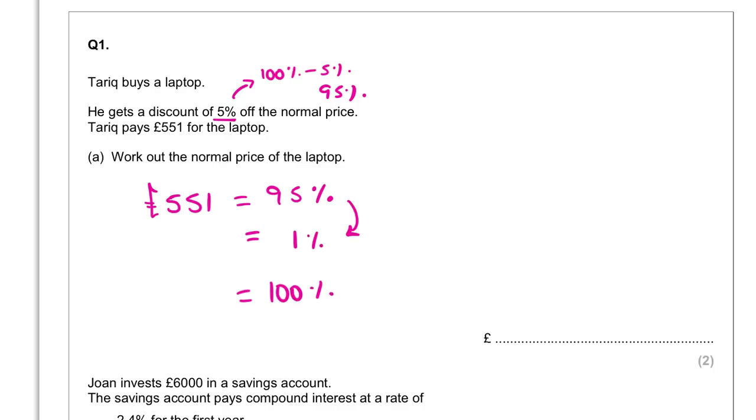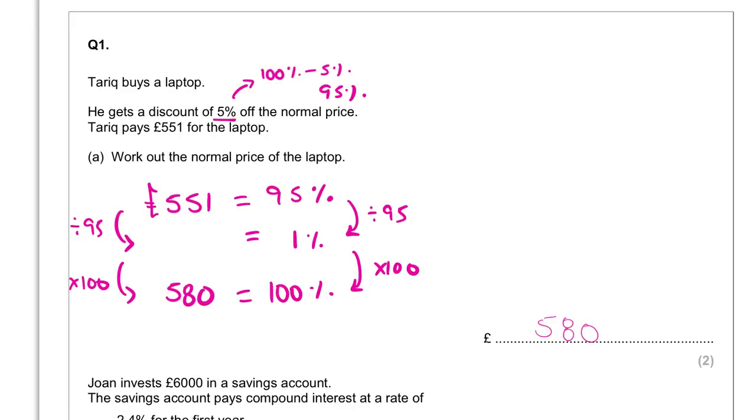To find 1%, we divide by 95, and then to find 100%, we multiply by 100. We're going to do the same on this side. In your calculator, you're going to put 551 divided by 95, because that gives you 1%, then times it by 100 to get 100%, we get 580. So we know this is $580 originally.